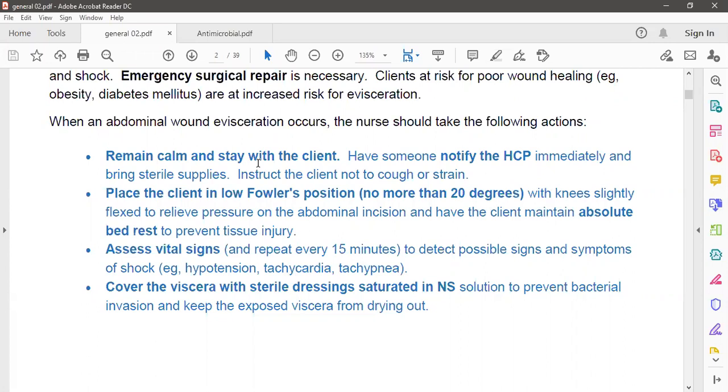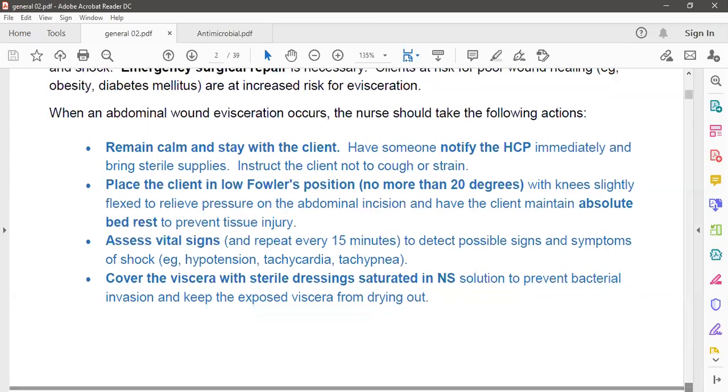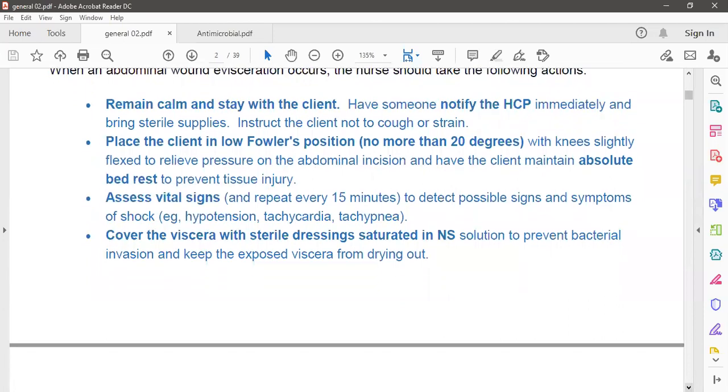Patients complain during coughing because pressure goes up, so tell them not to cough if possible. Place the client in low Fowler's position. Why low Fowler's? To relieve the pressure on the abdominal incision, and have the client maintain absolute bed rest to prevent injuries. Also, we measure the vital signs every 15 minutes to detect possible signs and symptoms of shock.